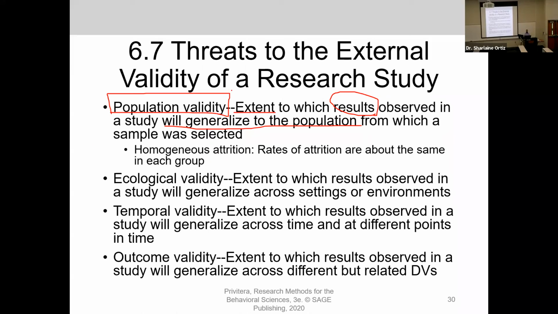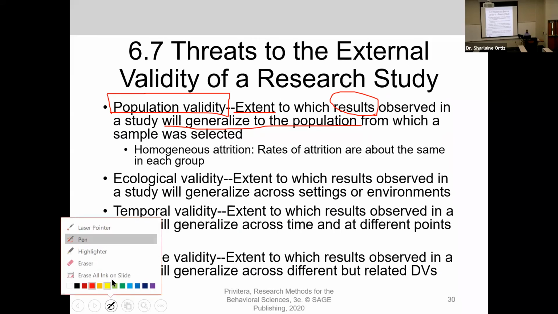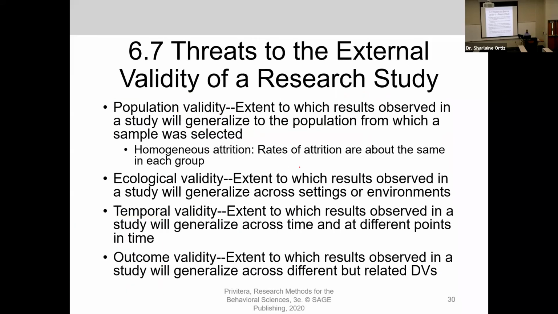Now, the issue with that generalization is that we may have a sample that remains the same, that we're not seeing those changes that we were expecting because we are indeed imparting this independent variable, this treatment, this intervention. You hear these terms interchangeably.